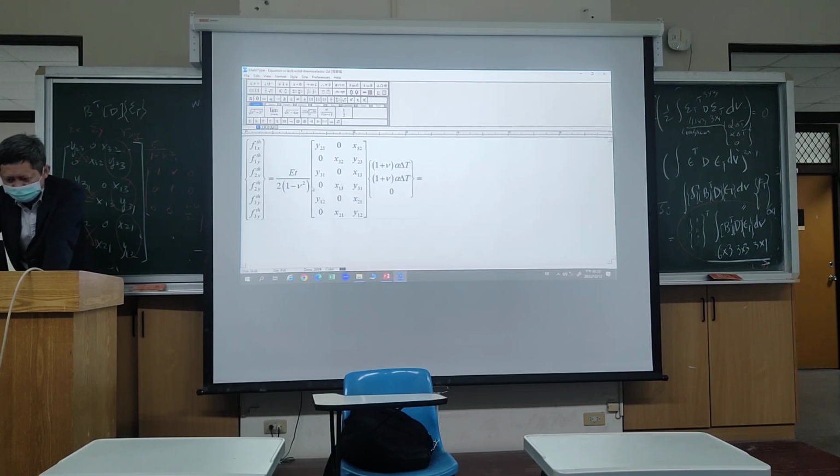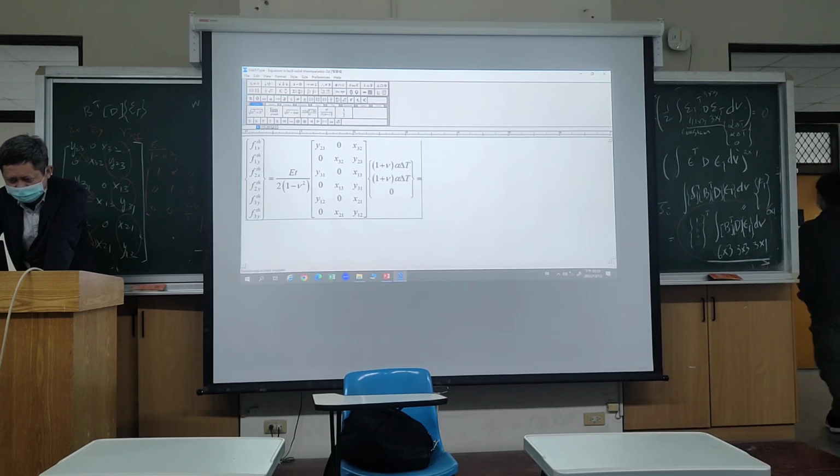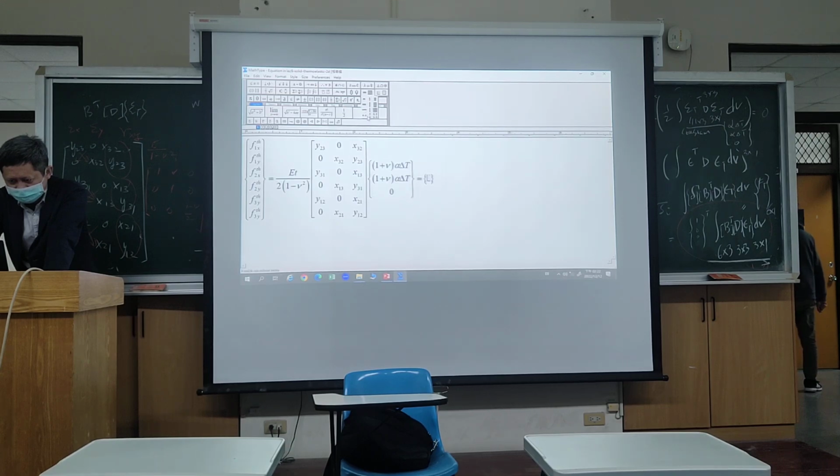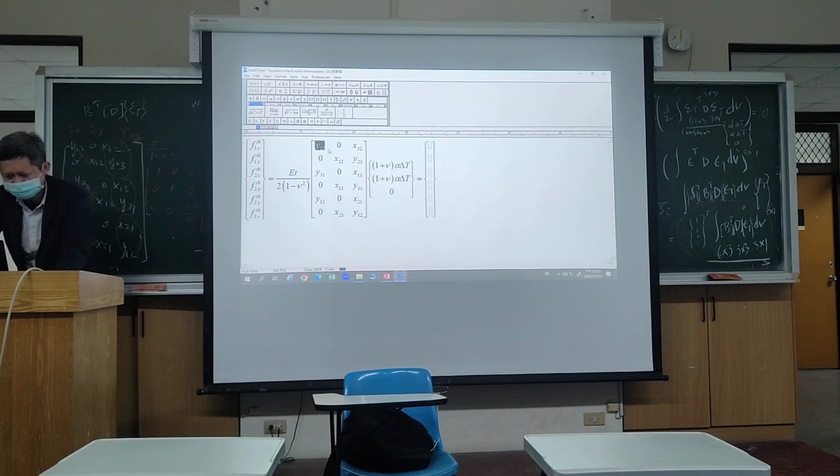So this is 3 rows, 6 rows, and then 6 by 1 column. So then you should have what's the vector? Your vector should have your 6 components. Okay? This is 1, 2, 3.